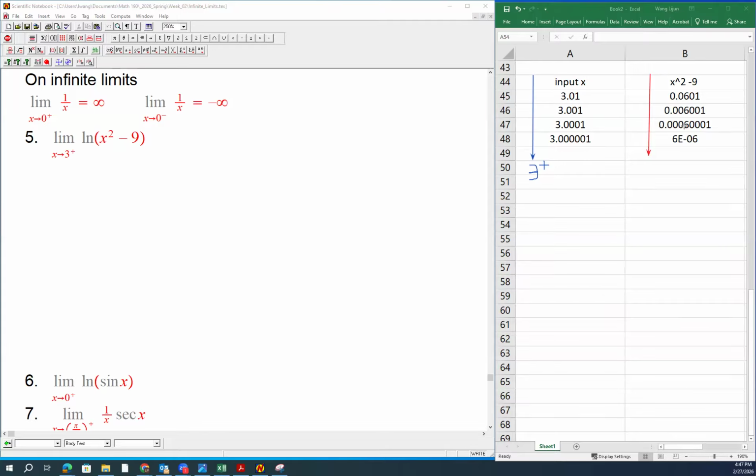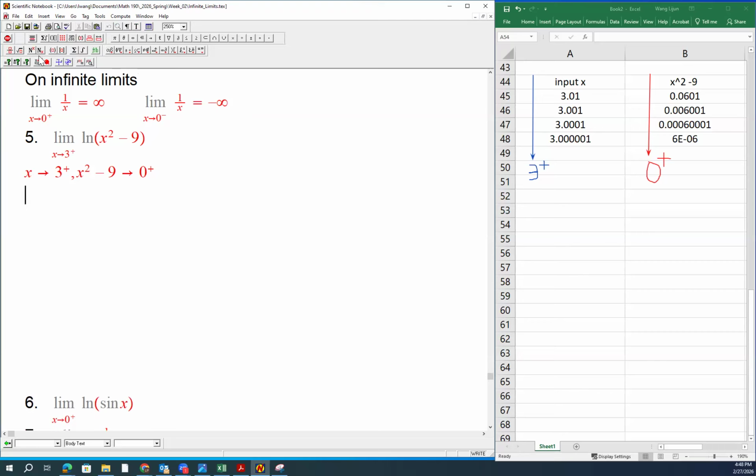All of these values of x squared minus 9 are getting closer to 0 yet remain larger than 0. So that's 0 plus. With that in mind, we write: as x approaches 3 from larger than 3, x squared minus 9 approaches 0 from larger than 0.